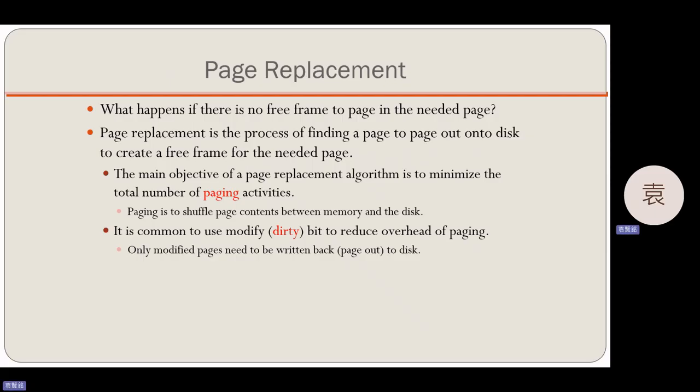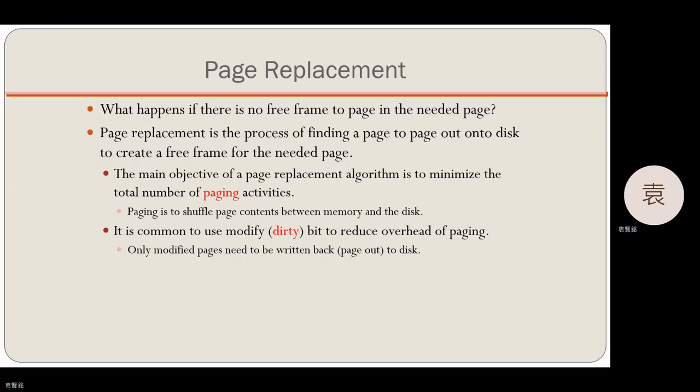The purpose of using this dirty or modified bit to record the situation of each in-memory page is this: if a memory page is dirty, then when it is selected to page out, we need to physically restore the content to the backend store. But if the selected page is clean, then we only need to bring in the new page.